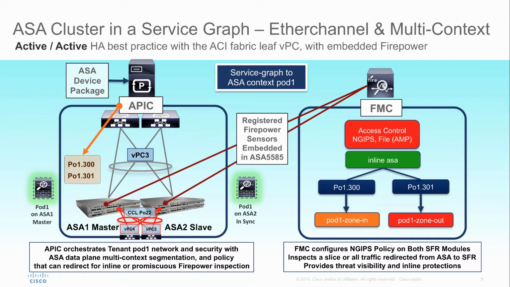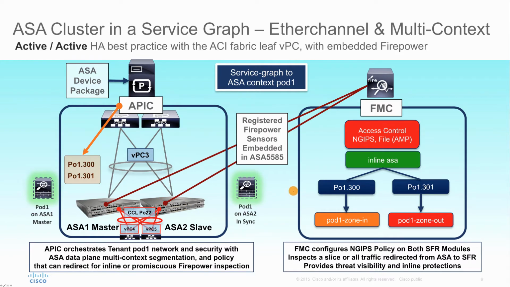So in this slide, we are showing you that design with high availability in mind that leverages clustering from ASA, our active-active model, with the VPC on two leaf switches. So ether channel and multiple contexts leverage to basically give us the best high availability and also segmentation within our solution here.